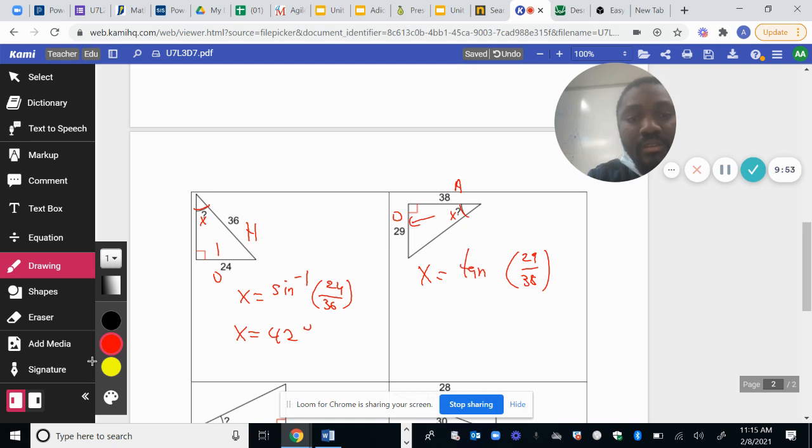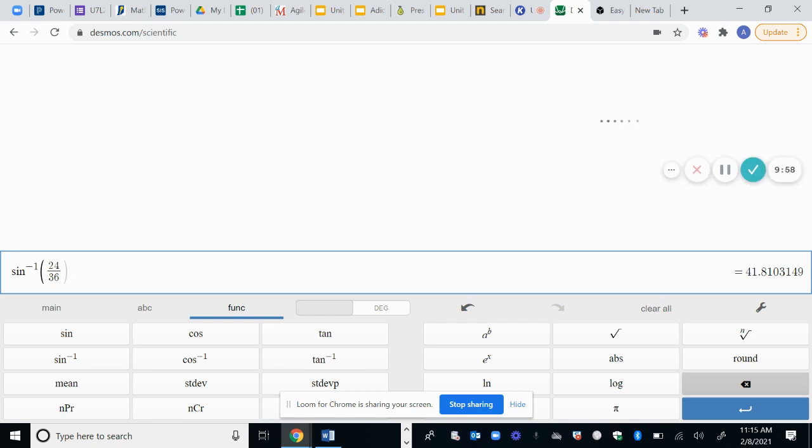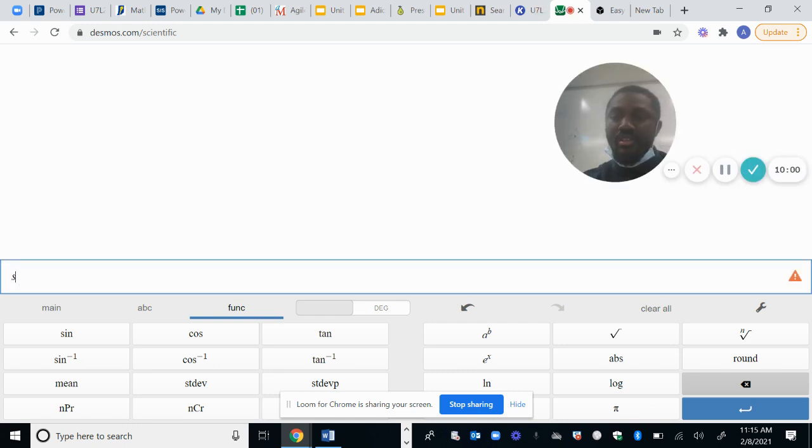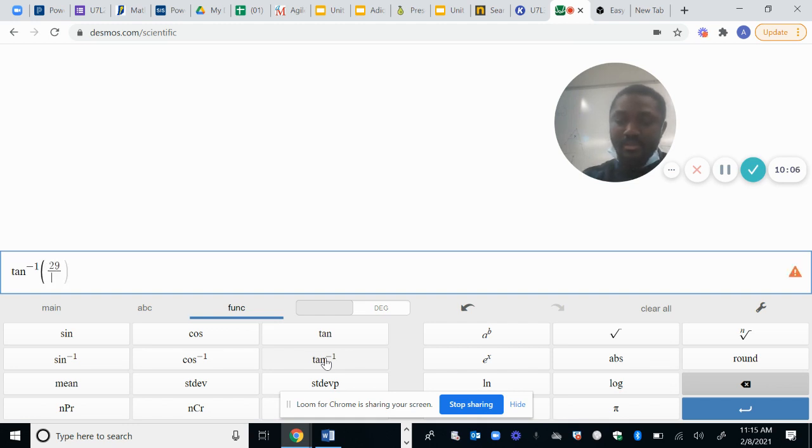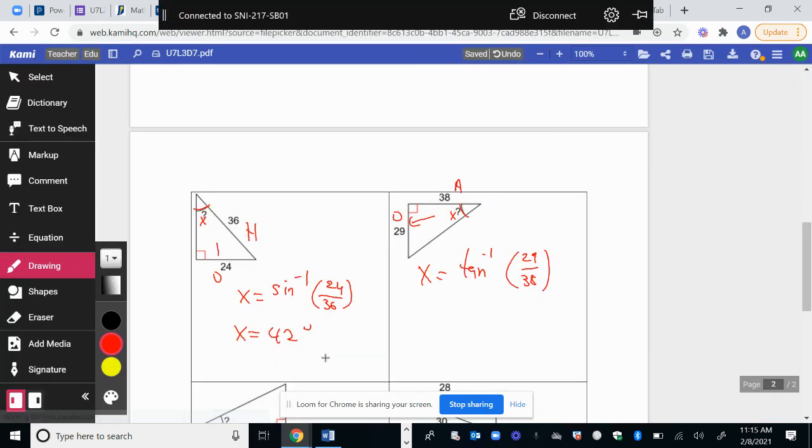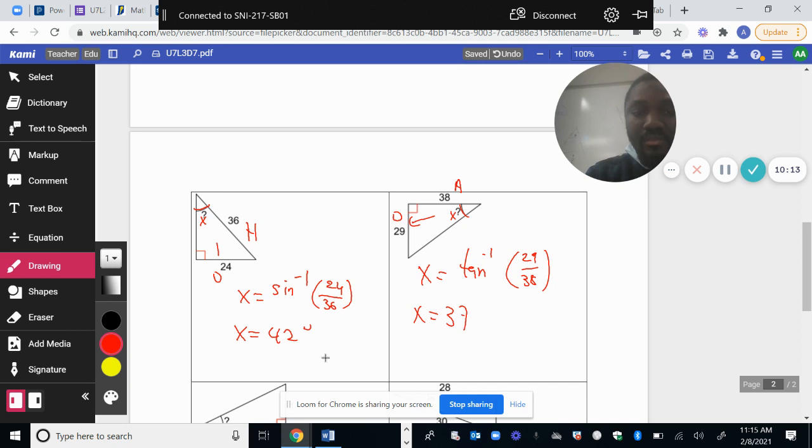Tangent. So tan inverse of 29 over 38. Tan inverse of 29 divided by 38 gives me 37 degrees. So this angle X here is going to be 37 degrees.